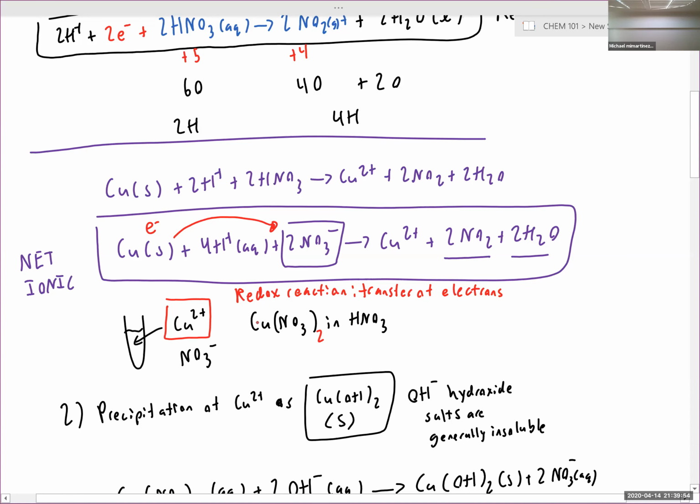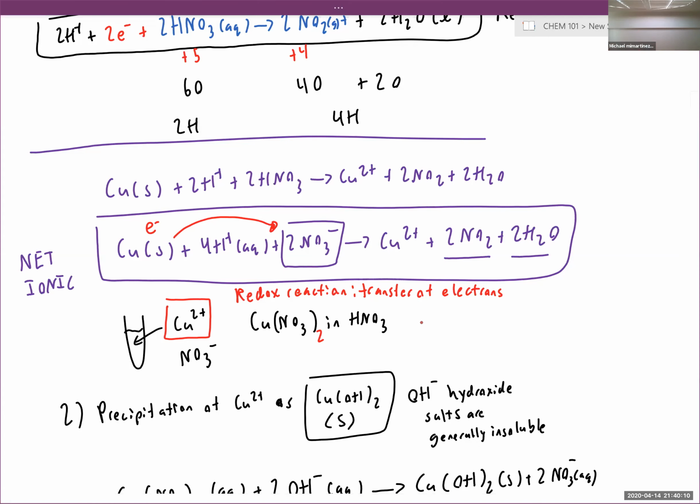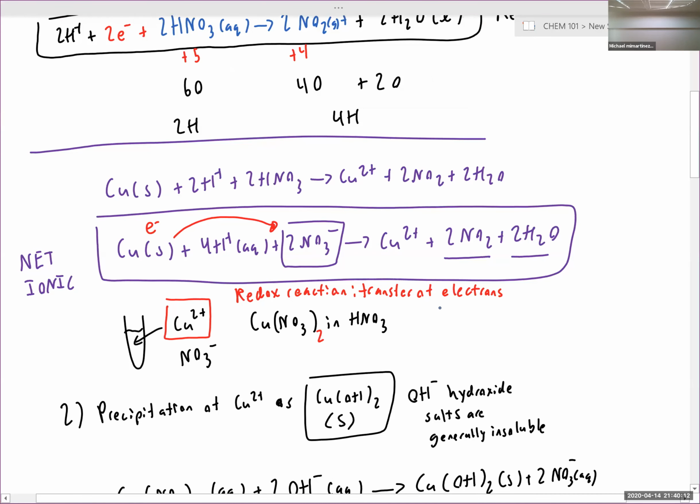So that's our first reaction. We are oxidizing copper with concentrated nitric acid, and as a result, we get copper 2+ in a solution of nitric acid. In other words, we have copper nitrate in nitric acid. Okay, so that's our first reaction, and we call this a redox reaction.